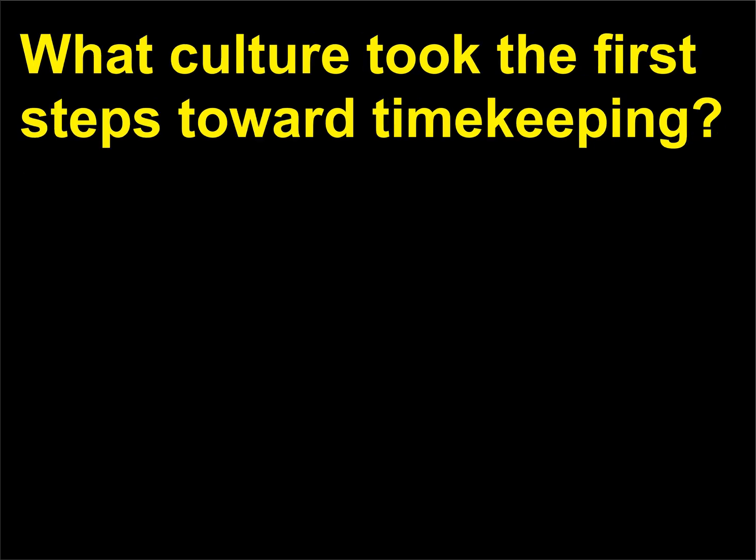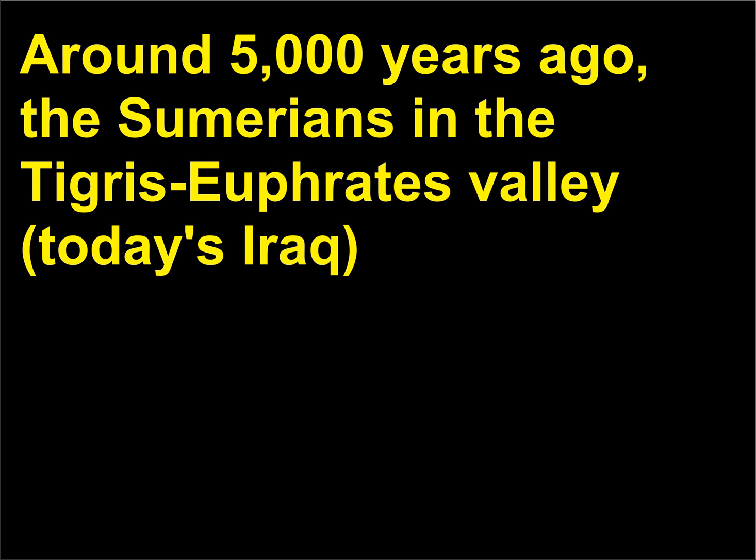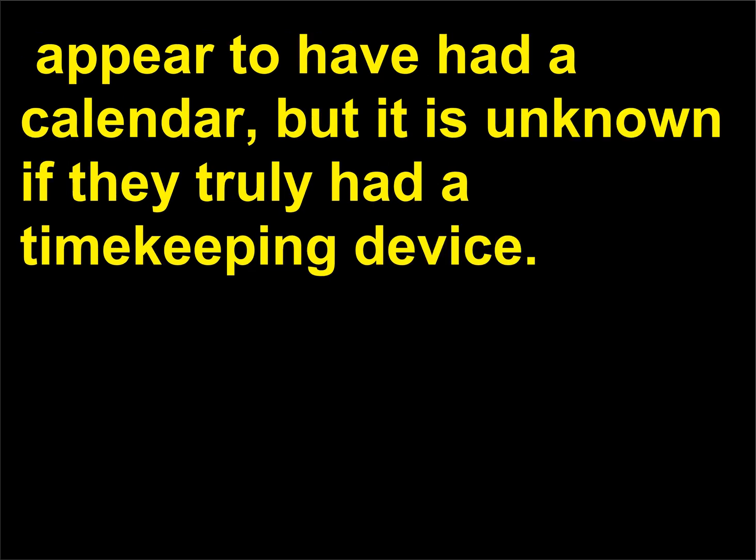What culture took the first steps toward timekeeping? Around 5,000 years ago, the Sumerians in the Tigris-Euphrates Valley, today's Iraq, appear to have had a calendar, but it is unknown if they truly had a timekeeping device.